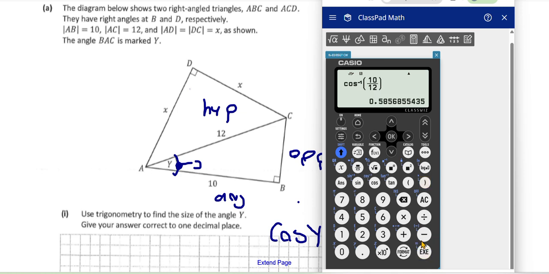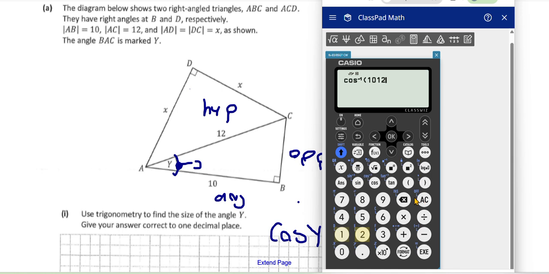My angle unit is wrong. So you go shift, you go settings. You go calc settings, angle unit, and you go degree. You press OK. And then you go back and try it again. You go shift cos inverse 10 over 12.